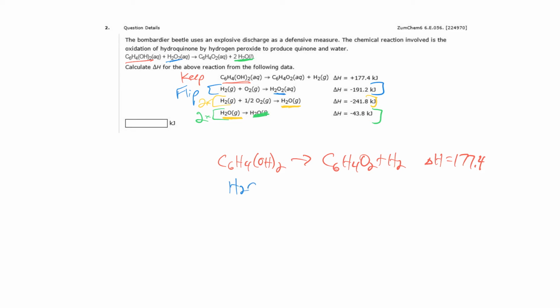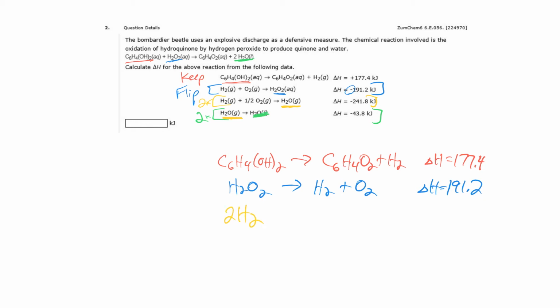Step 2 in the mechanism, we flip around. And accordingly, the value of delta H gets an opposite sign. Right now it's negative, it becomes positive 191.2. Step 3 of the mechanism, we said we should double it.